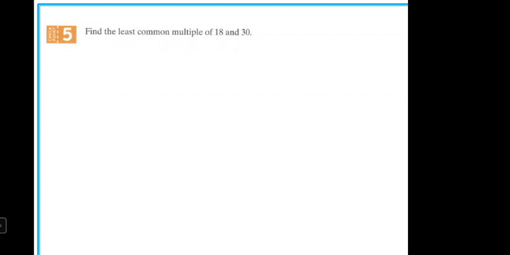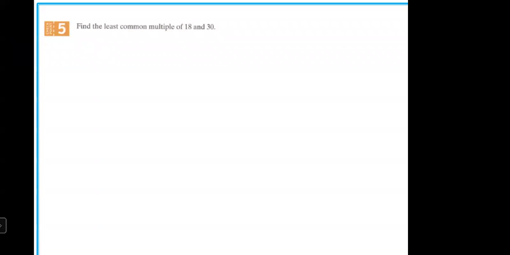So now one way we could do this, we could write out the multiples of 18. So 18, 2 times 18 is what? 36.